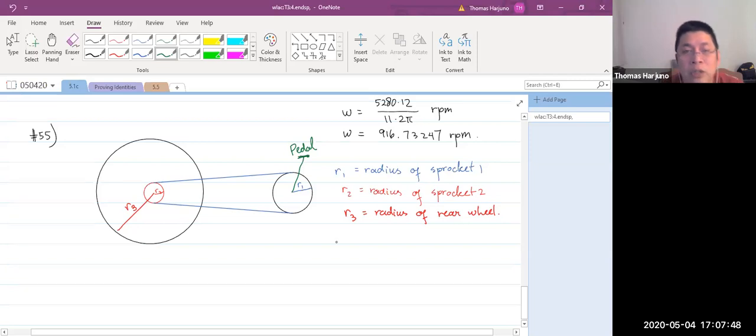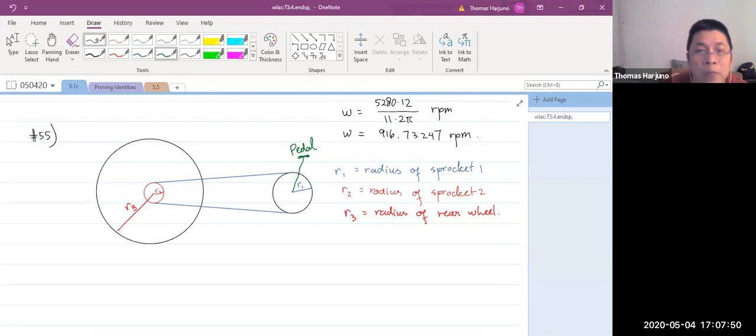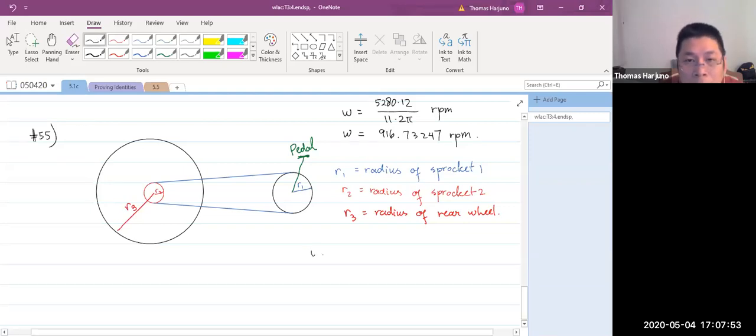Now you will see the following. The angular velocity of the pedal will be equal to the angular velocity of the first sprocket. In other words, if you are pedaling at 20 RPM, then your first sprocket will also be moving at 20 RPM, right?